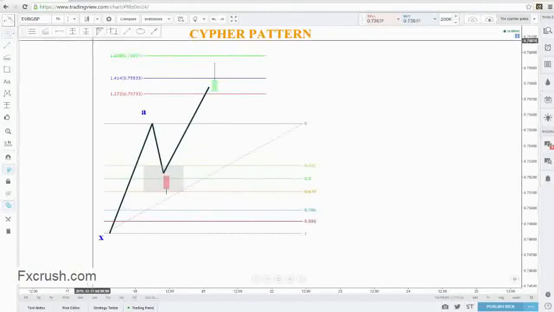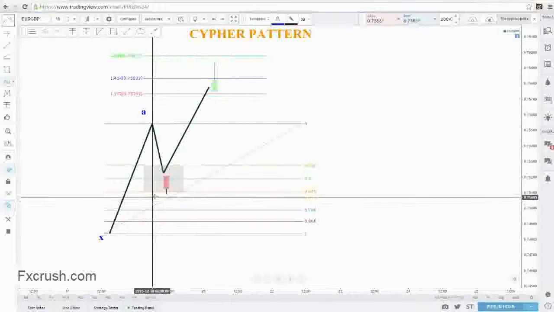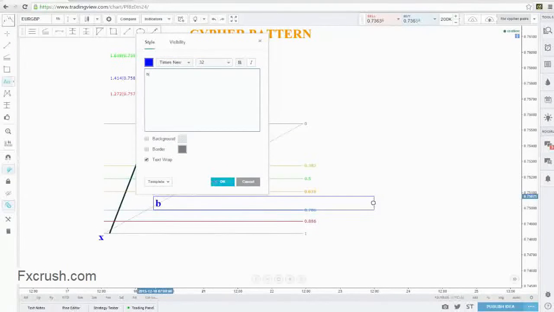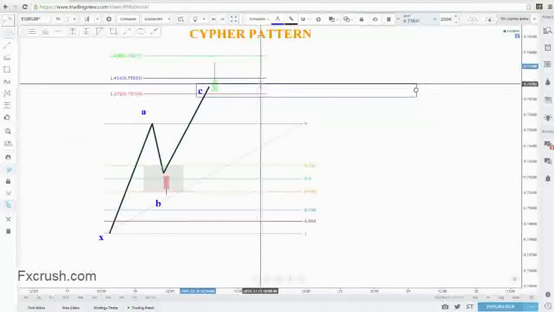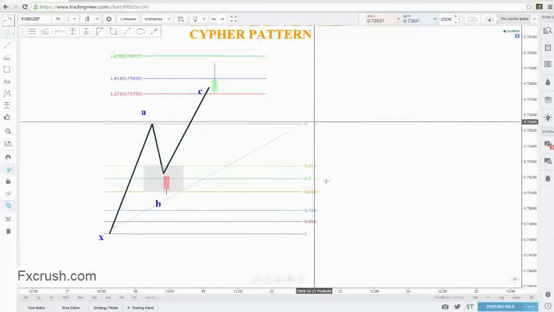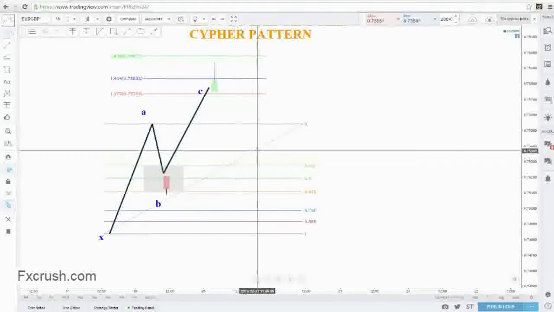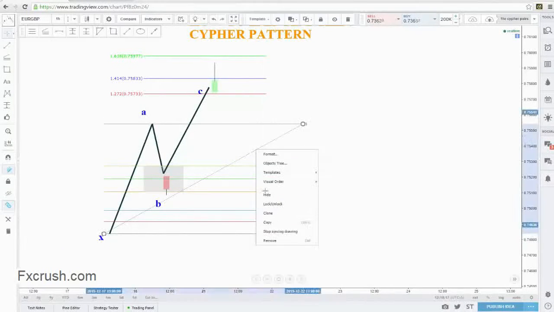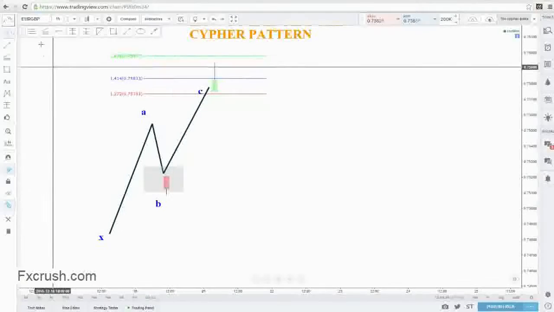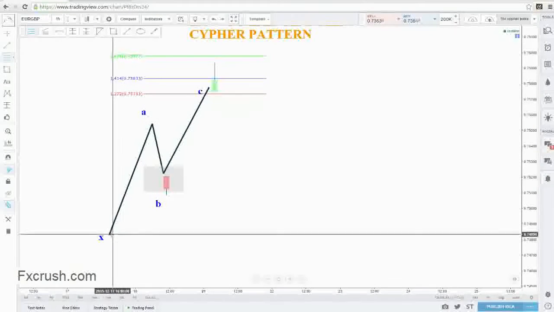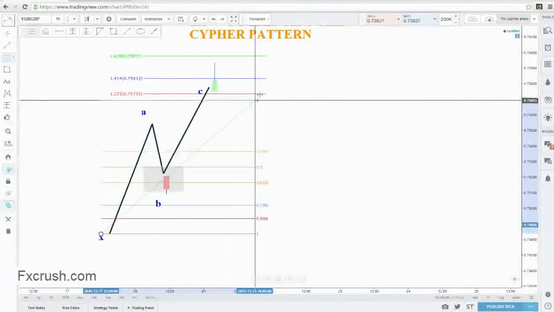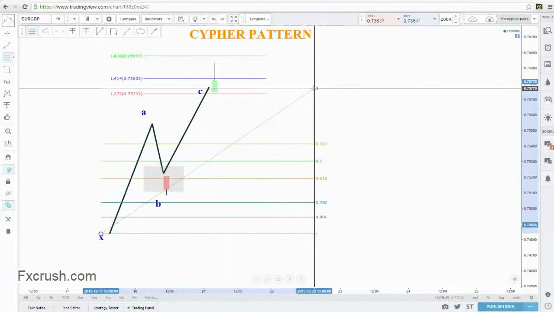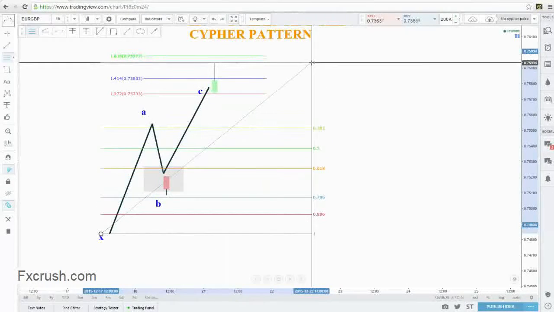And this creates the C leg of the move. Down here was B, and here is the C leg of the cipher pattern. The next step for the cipher pattern is placing the orders at the finishing point D. And the way we find finishing point D is a retracement from X up to C. And what you do is you put it on the wick of the candle.